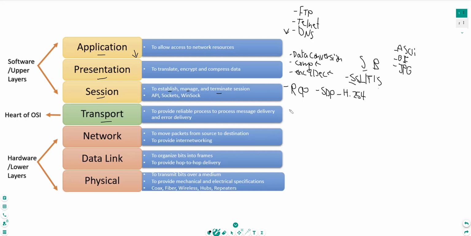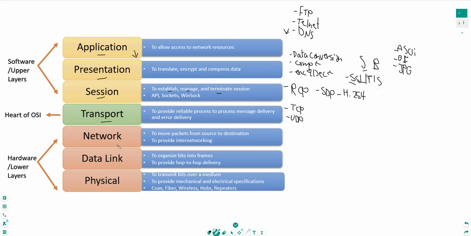Two common protocols on the transport layer are the reliable, connection-oriented TCP, and the connectionless UDP. Also, it has flow control and error control mechanisms. I'll be explaining more about TCP, UDP, and the other protocols in the coming videos.